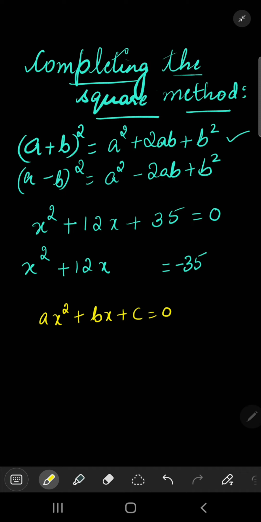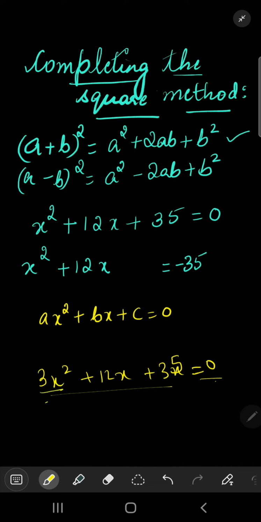If it is not 1, for example, if we had something like 3x square plus 12x plus 35 equal to 0, then our first step would be dividing throughout the equation by the coefficient of x square, that is 3.